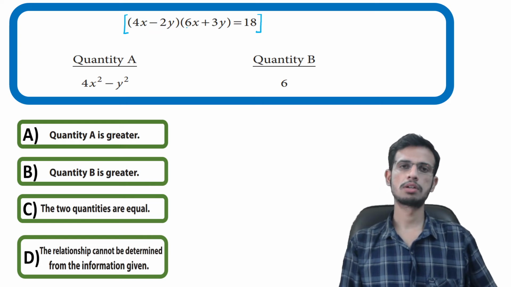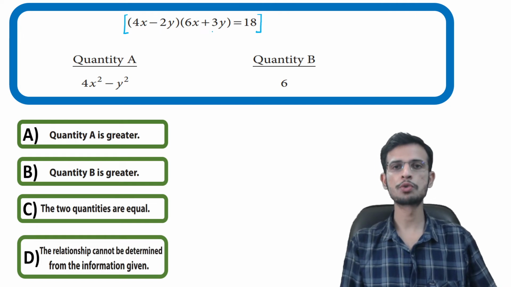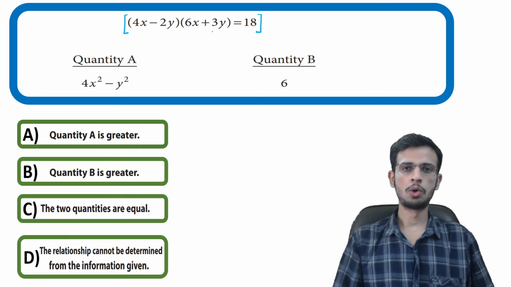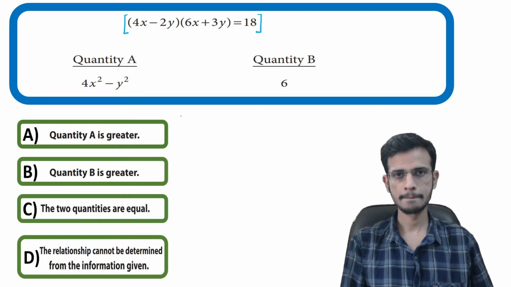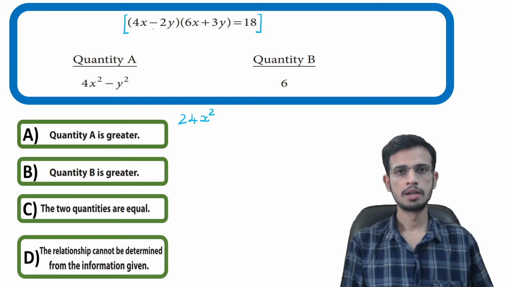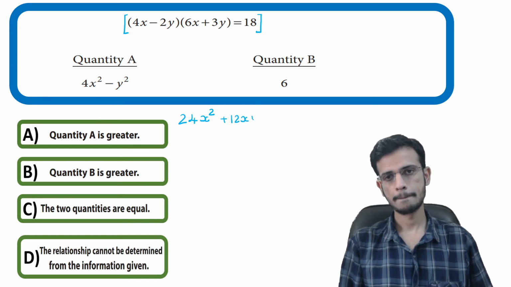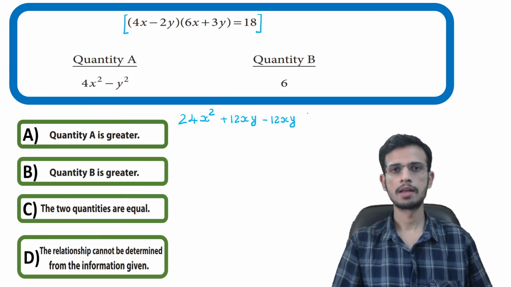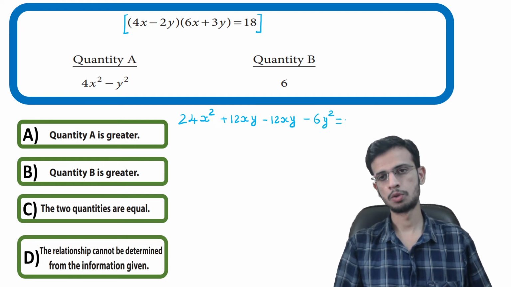But I will suggest you simplify this equation. It might be possible that the entire value comes from this equation itself. So let's simplify this equation. 4x into 6x, you will get 24x square, plus 12xy, minus 12xy, minus 6y square is equal to 18.